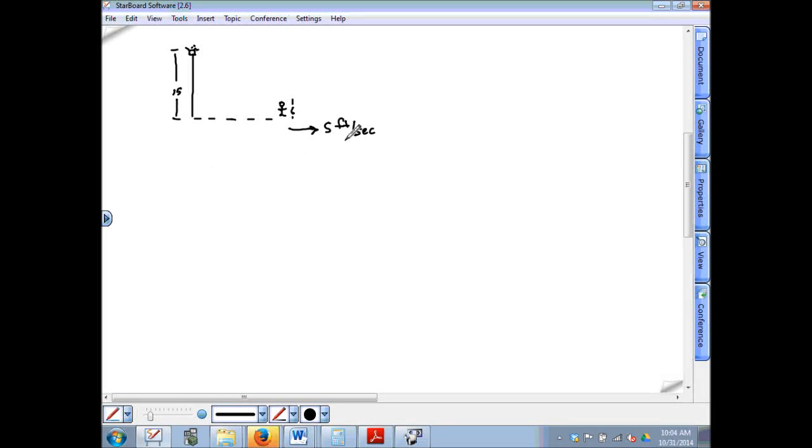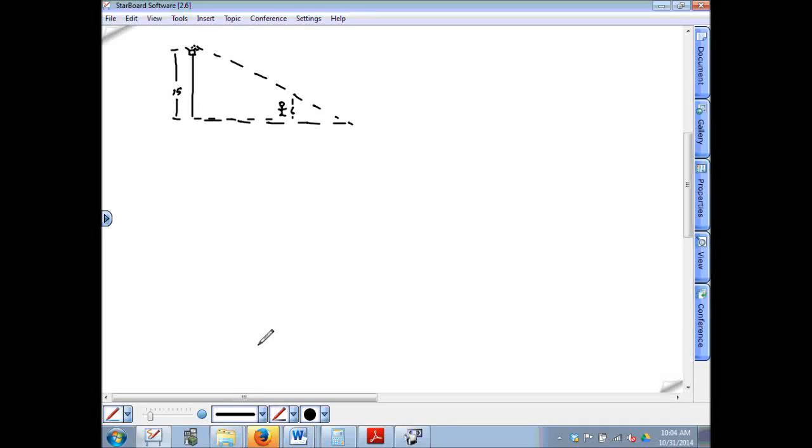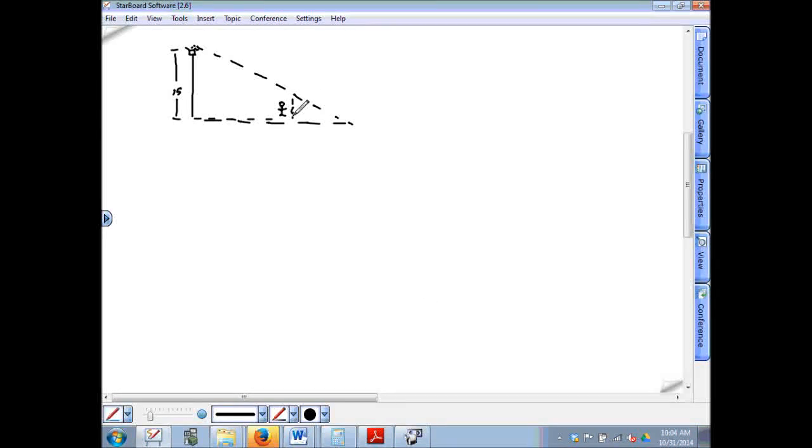So where's your proportion? Okay, well let me help you. You got 15 and 6, right? 15 will equal your total distance, S, divided by S minus X, because you're looking for the length of the shadow.